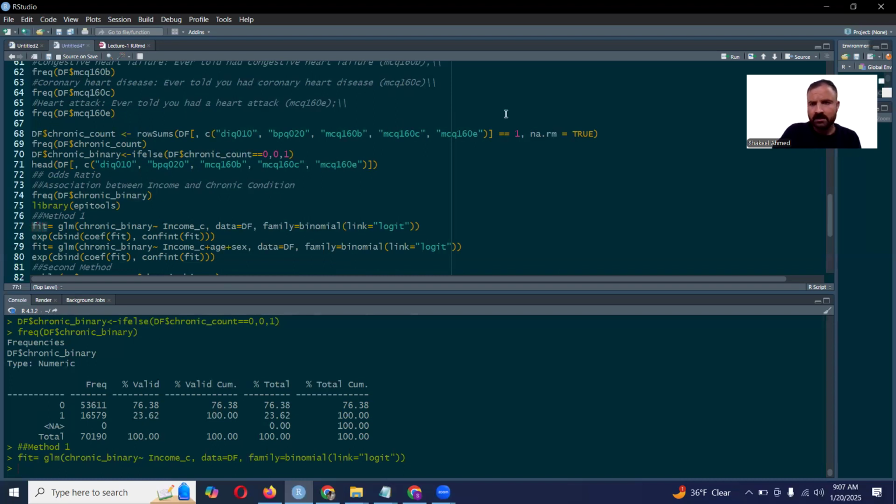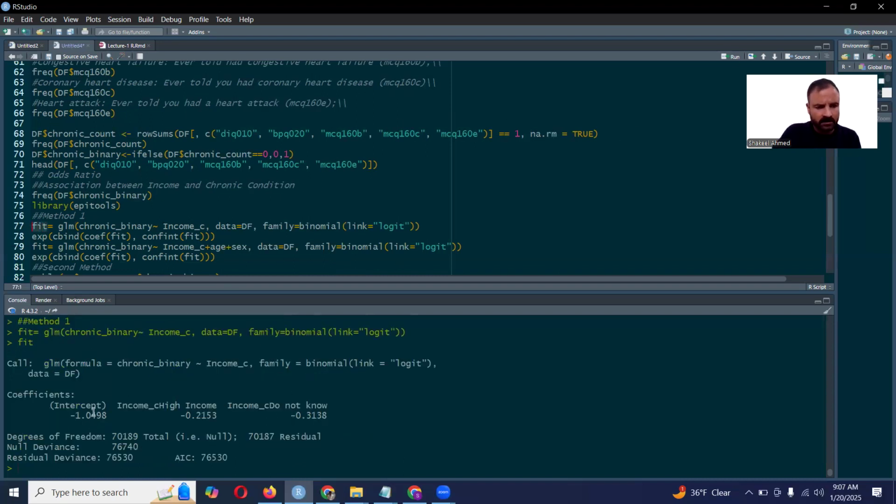If you can see, this is the intercept, and this is the coefficient corresponding to the high income, and this is the coefficient corresponding to the don't know. Basically, we had three different groups for income: low income, high income, and don't know. The low income group is considered the base category, so the two groups are compared with the low income group.